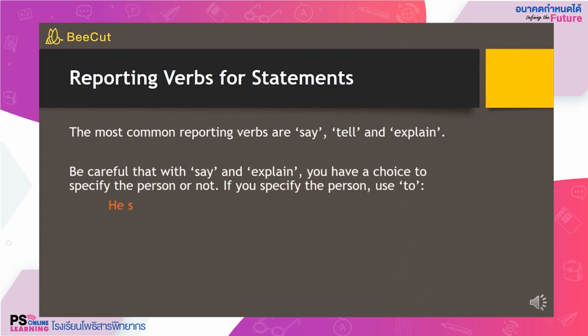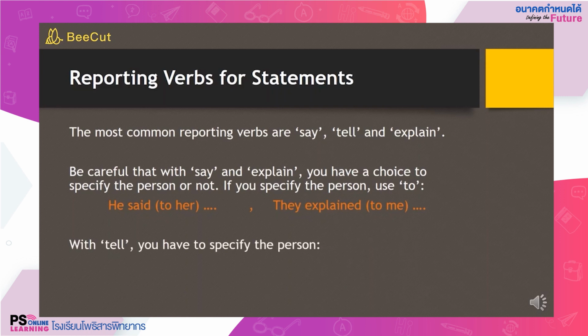For example, he said, or he said to her. They explained, or they explained to me. With tell, you have to specify the person. For example, he told her, or they told us.